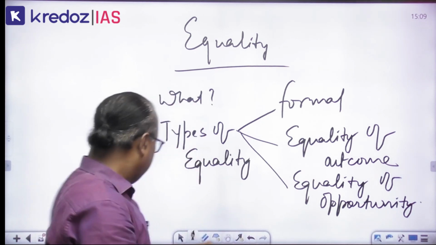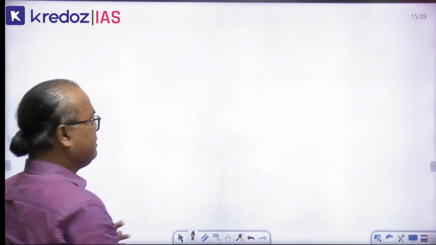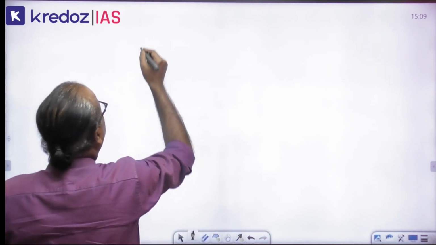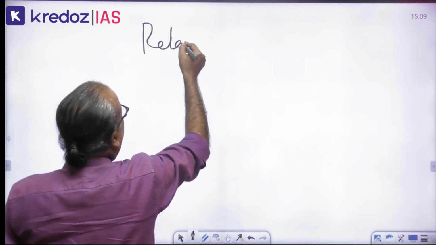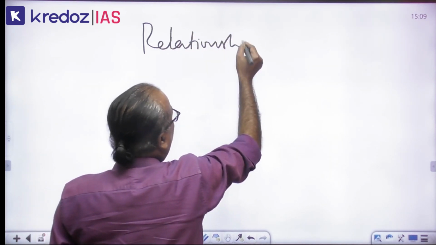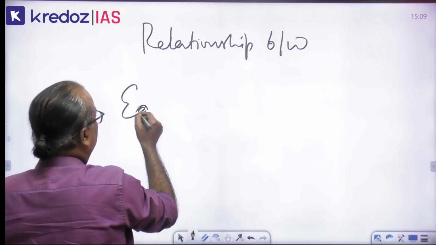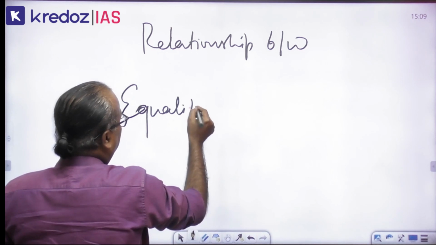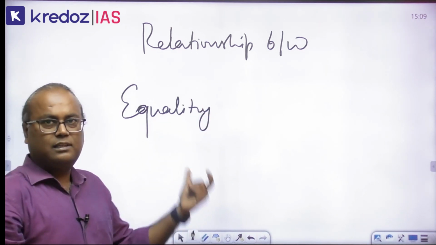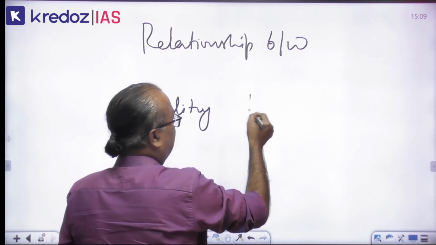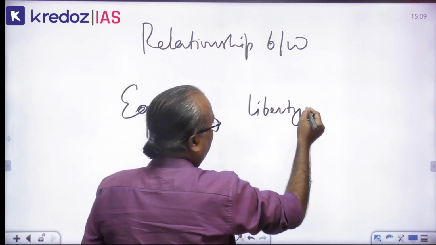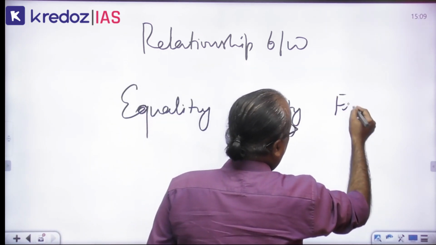Now once we understand the equality and the different types of equality, you have to understand the relationship between equality, liberty and freedom.